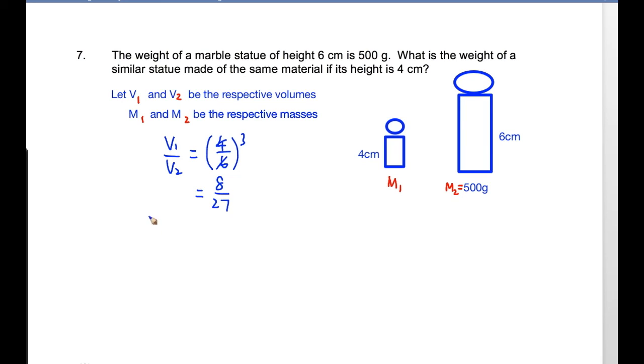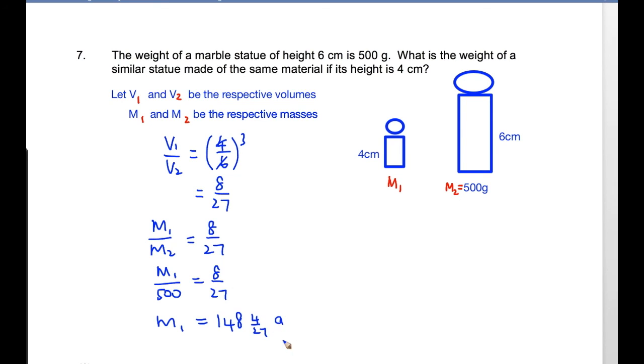And the ratio of masses for similar figures is just the ratio of volumes. So if the mass of the bigger statue is 500 grams, then we can find the mass of the smaller statue, which is 148 4/27 grams.